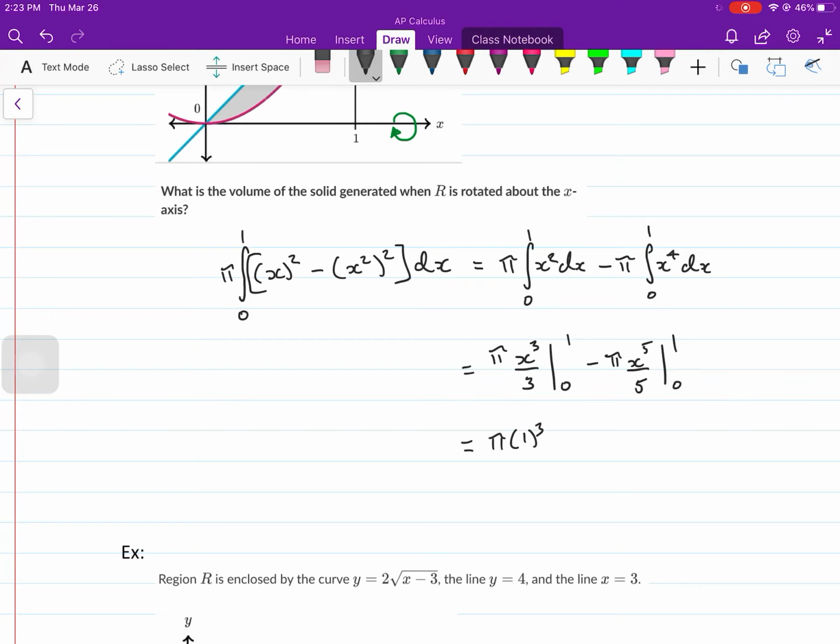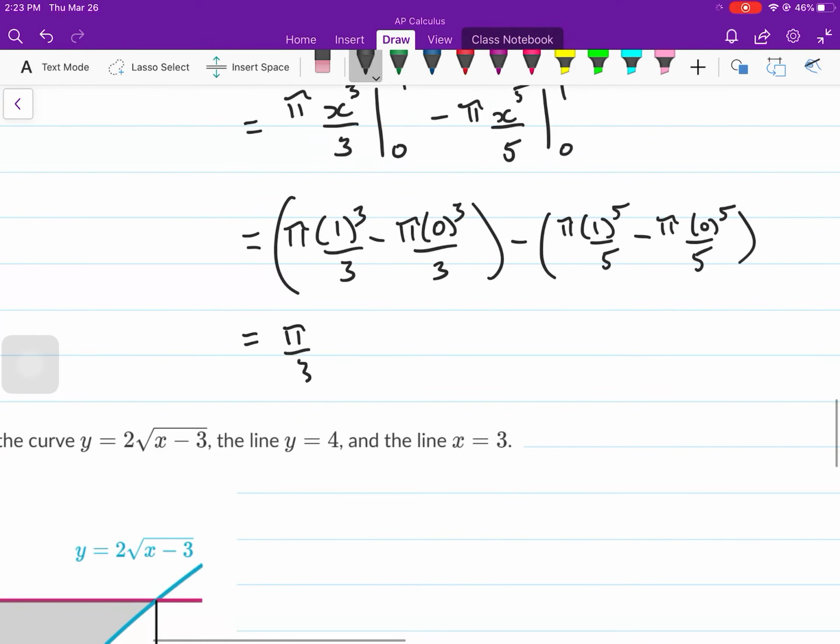And so that'd be pi times 1 cubed over 3 minus pi times 0 cubed over 3, minus pi times 1 to the 5th over 5 minus pi times 0 to the 5th over 5.